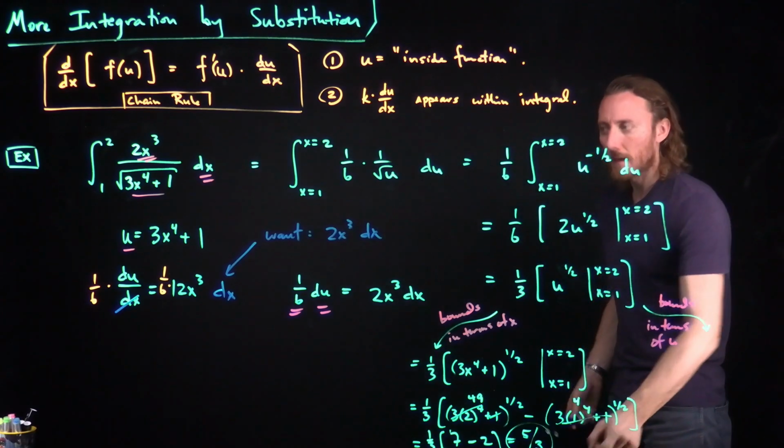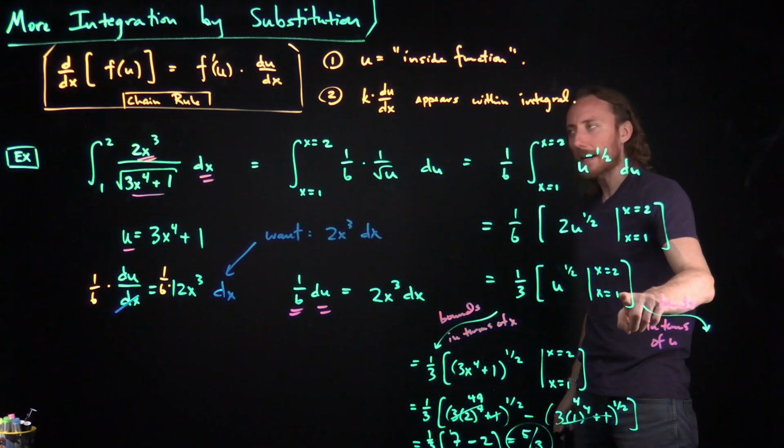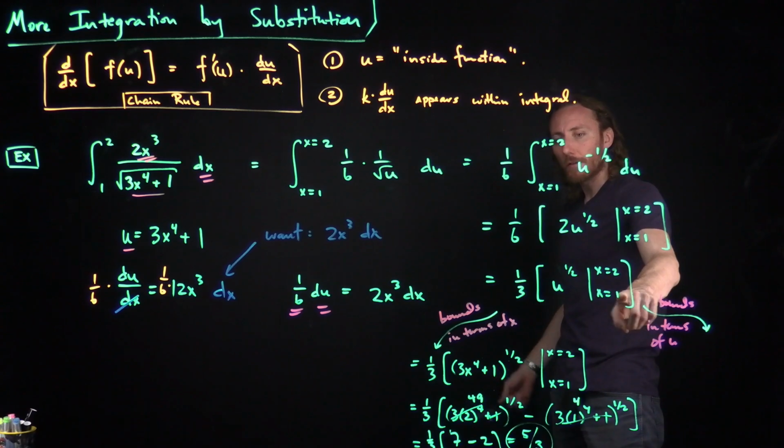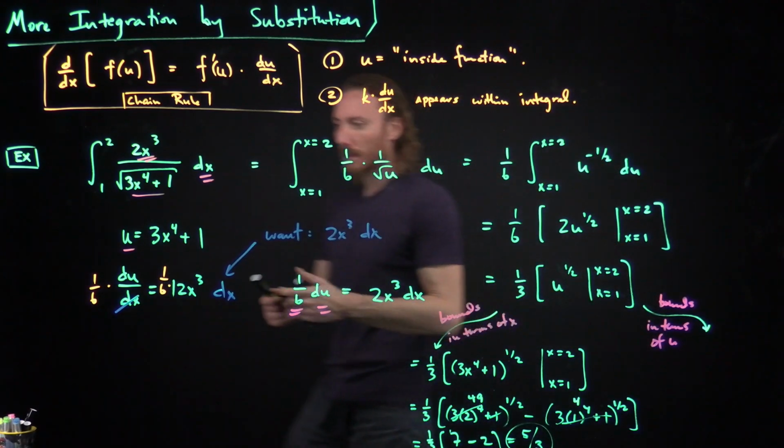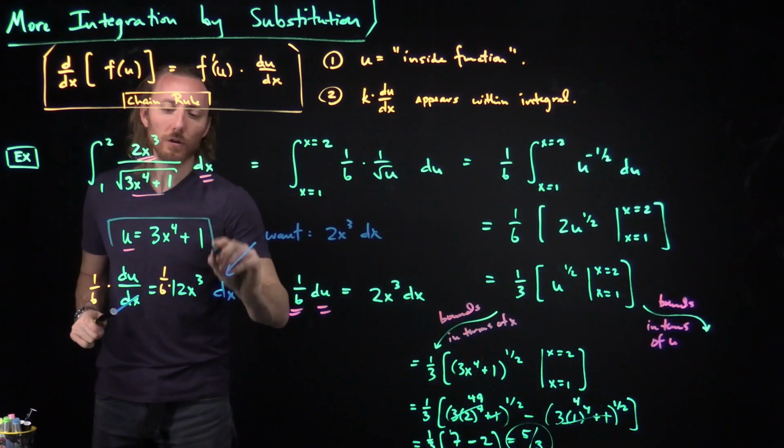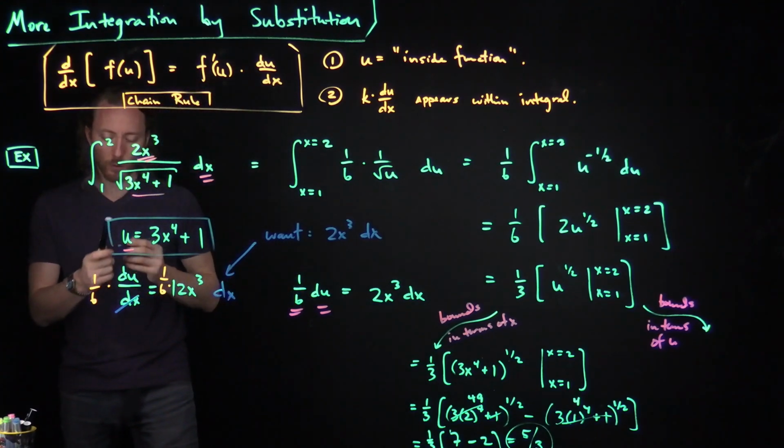What do I mean by this? Well, x equals 2 and x equals 1 can both be converted into u's because we have this expression that u equals 3x to the fourth plus 1.